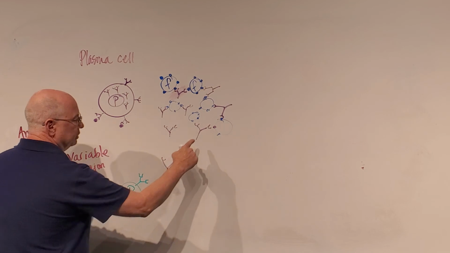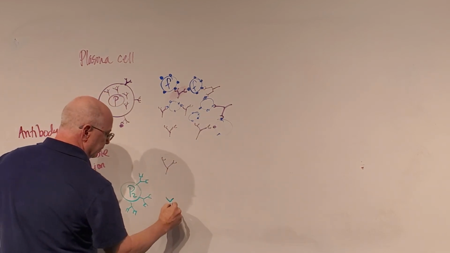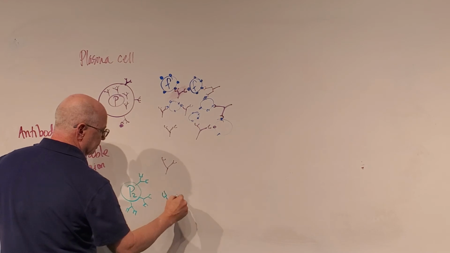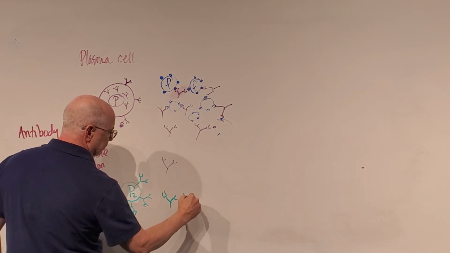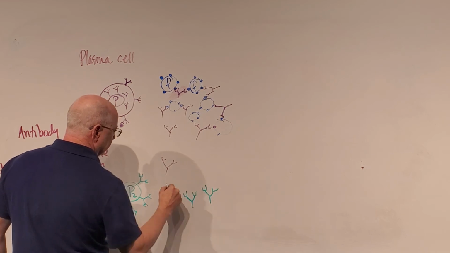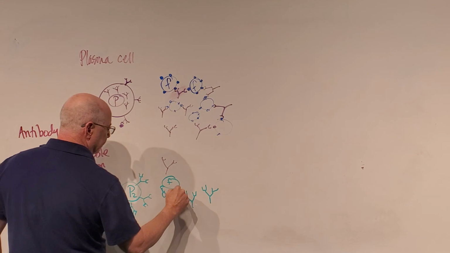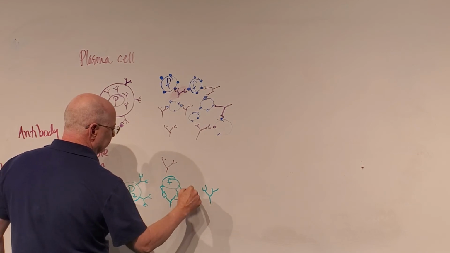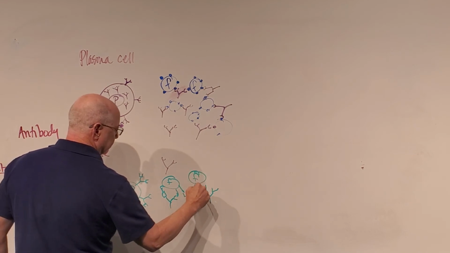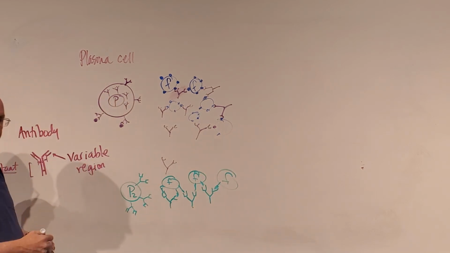That variable region will not recognize these foreign proteins. But if it does secrete these antibodies, then whatever foreign cell has the correct antigen, these antibodies can bind to it and bind up all these foreign cells.